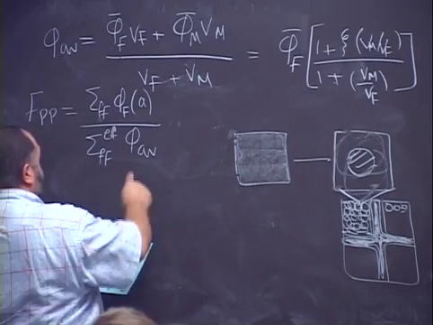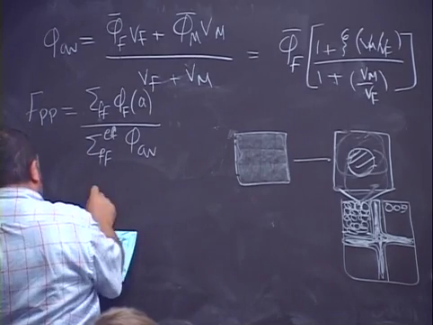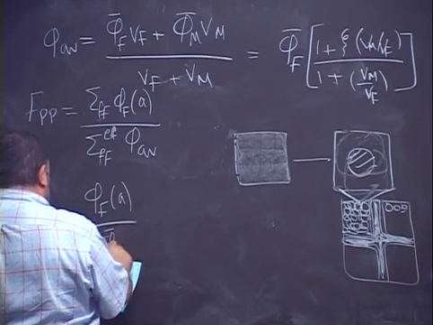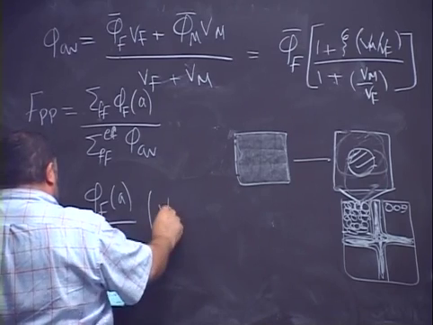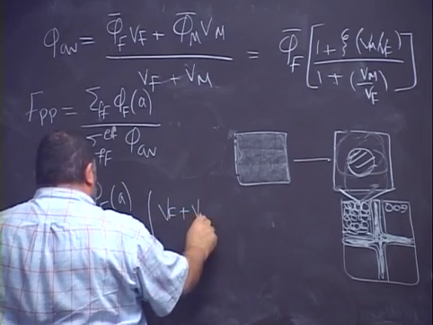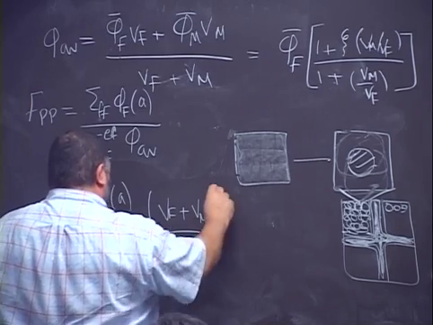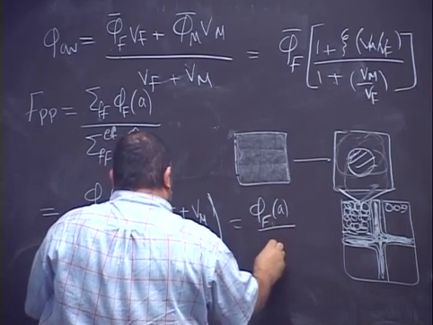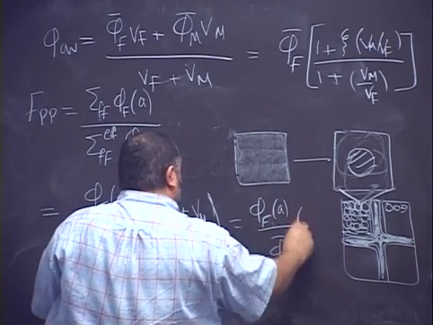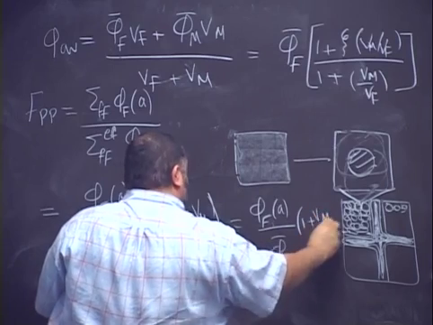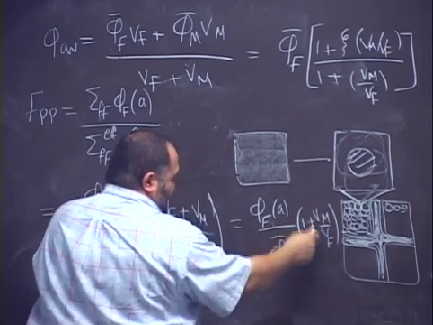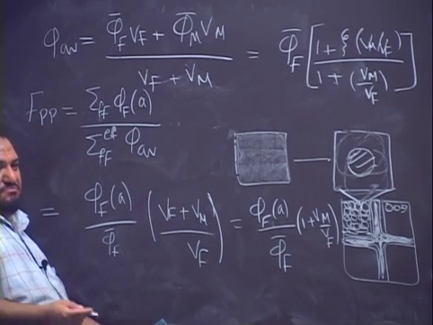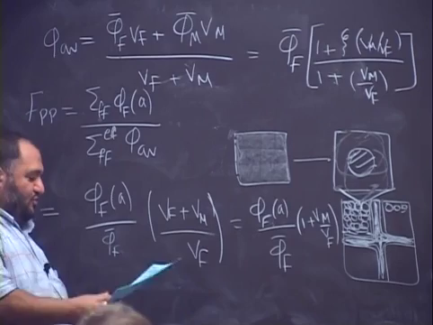Then when you do this and substitute here, you will get phi F at A divided by phi average F multiplied by VF plus VM divided by VF, and this will give you phi F at X equal to A divided by phi average of F times 1 plus VM over VF. What's this ratio, VM over VF? Moderator to fuel ratio.